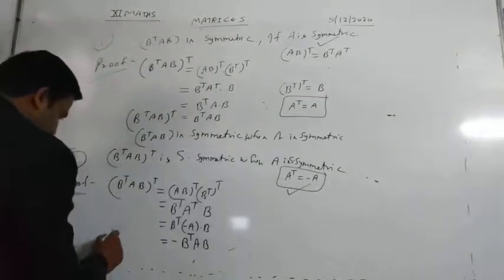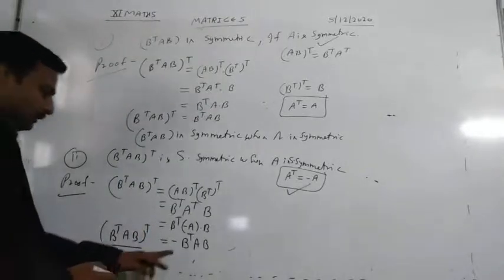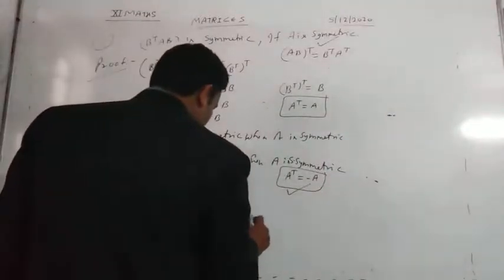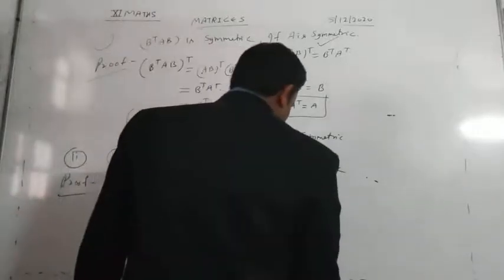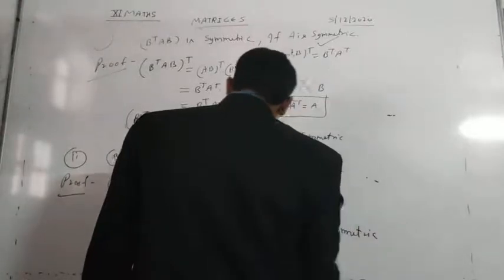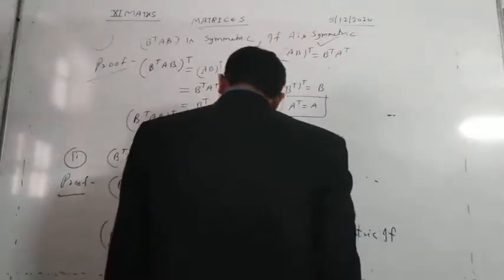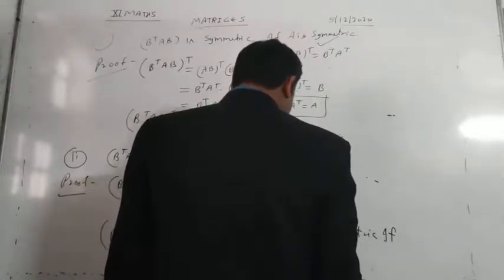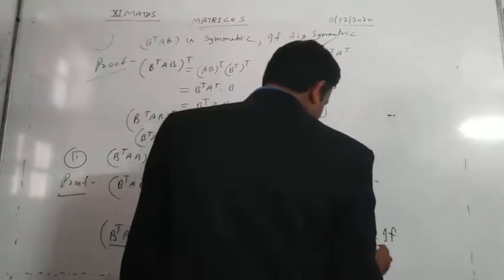From here we see, students, that our transpose is equal to the negative of the matrix. So we can say that B transpose AB is skew symmetric if A is skew symmetric.